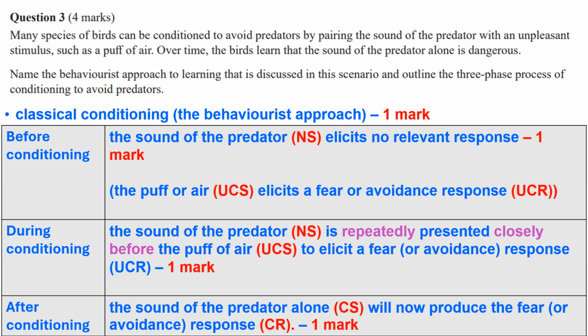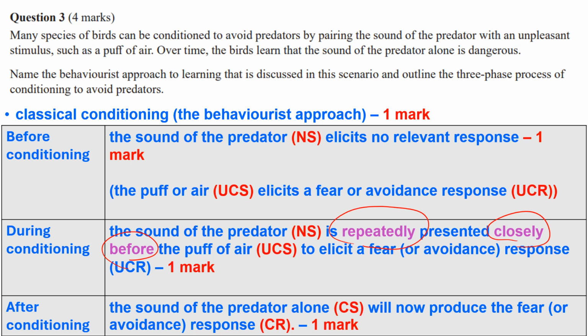So 1 mark was awarded for simply stating it's the sound of the predator that elicits no response prior to that conditioning process. During the conditioning, again, there were marks awarded for emphasis on repetition and the close pairing of the NS and the UCS, not that we needed to use that language, so the sound of the predator and the puff of air are repeatedly paired, and that will trigger some type of fear response.